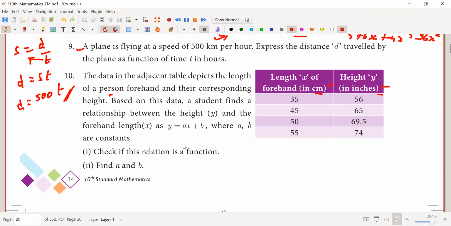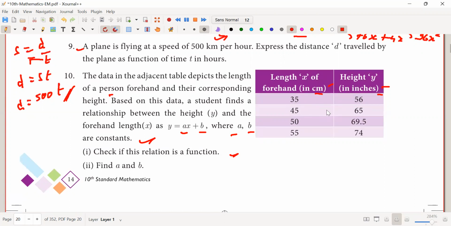Based on this data, a student finds a relation between height h and forearm length to be ax plus b, where a and b are constants. The relation between the forearm and the height of a person can be related with ax plus b. Check if this relation is a function.